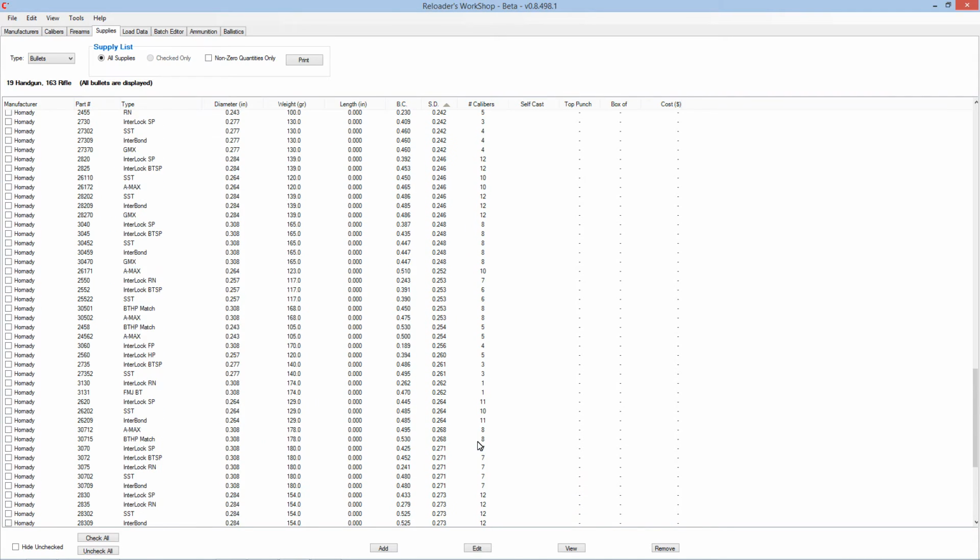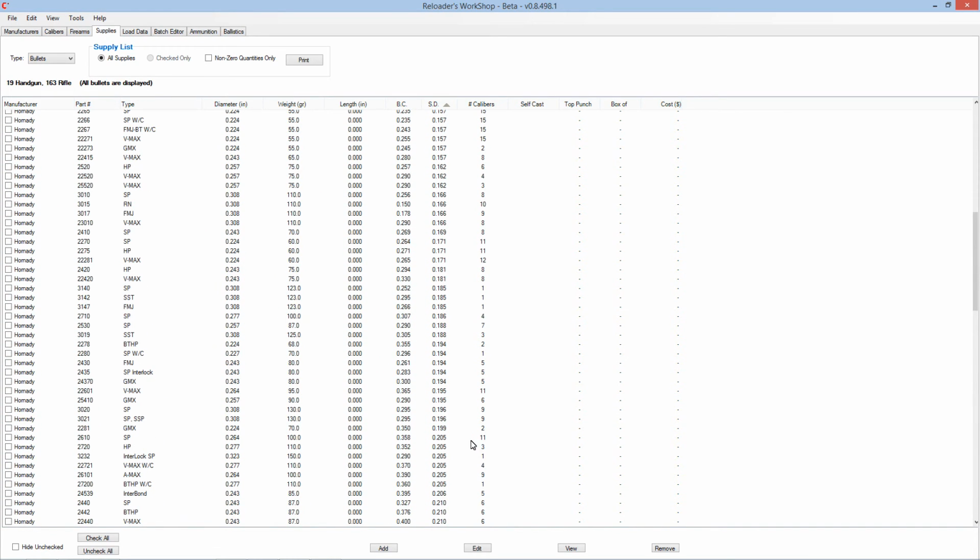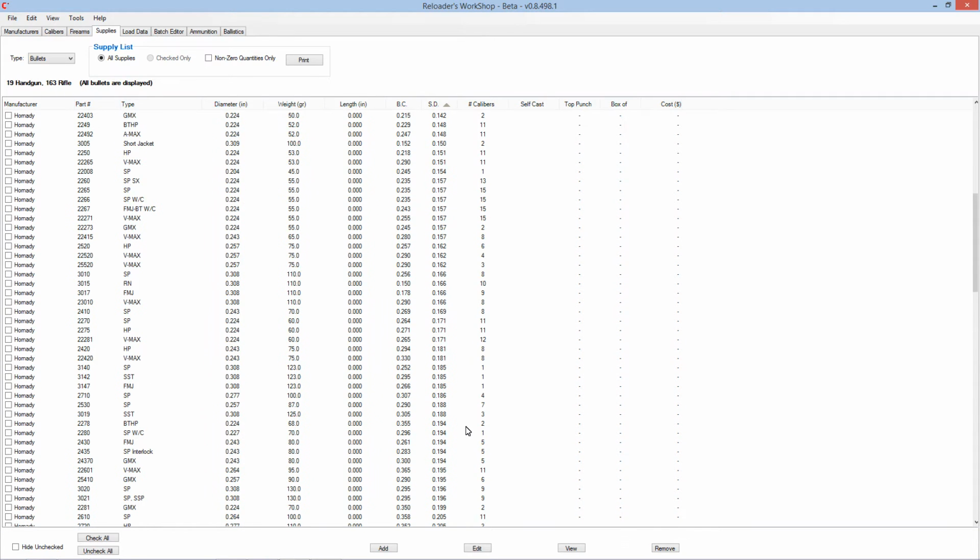And then we have everything in between. So you have a wide range of choices depending on the use that you're going to be putting that bullet to.